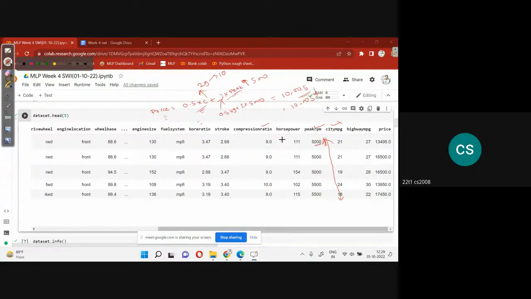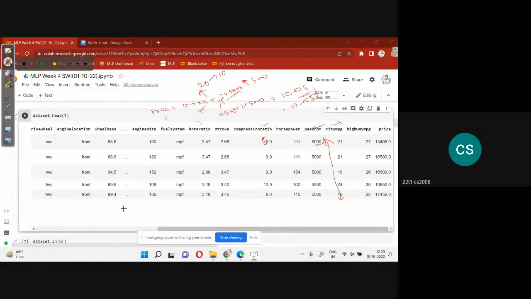So when you don't scale your data set, it will be highly dependent on those variables which have very high values, and there will be very small amount of change if you change those variables which have very low values.